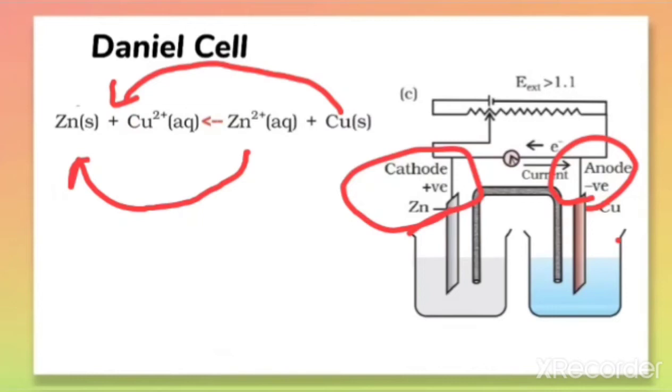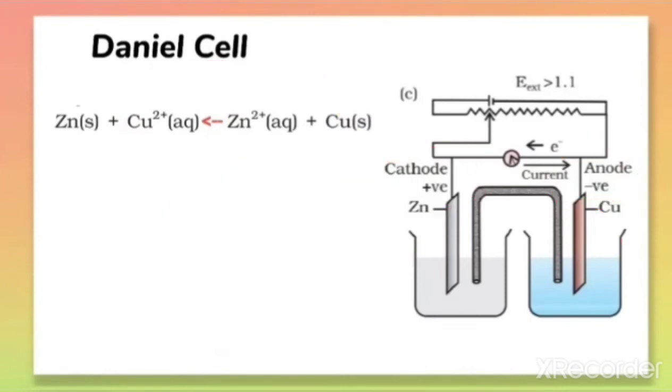Without applying the external potential, the zinc is converted into zinc ion and the copper ion is converted into copper. But now the reaction gets reversed, so it flows in the opposite direction.